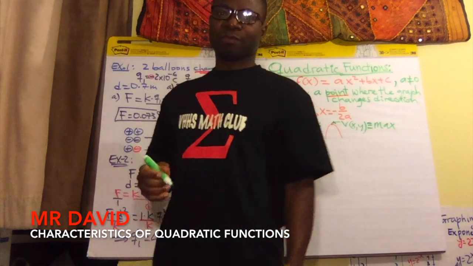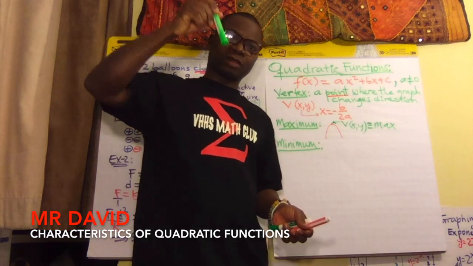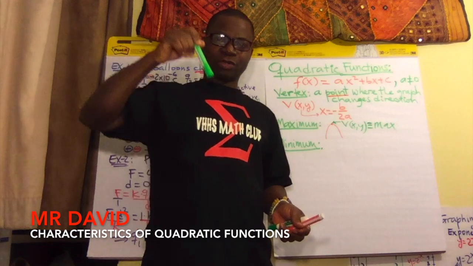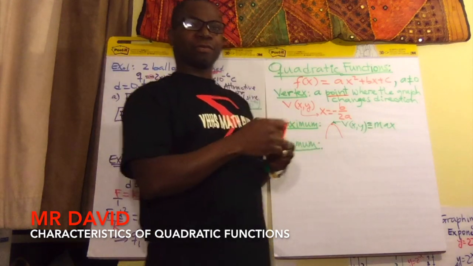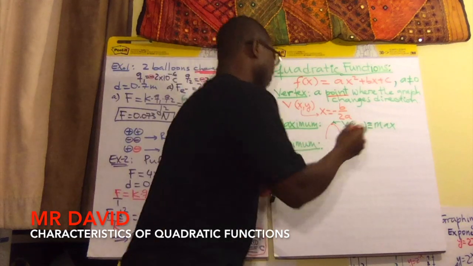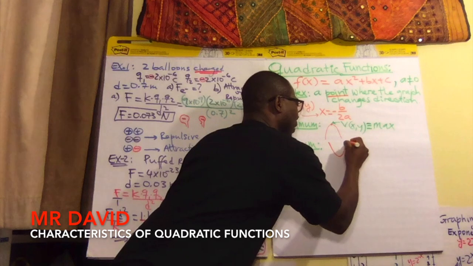When do we have a minimum? We have a minimum when something is going from the top all the way to the bottom and then goes back up. That's when we have a minimum at the lowest point. So the function is going down, down, down, boom. It bounces up.